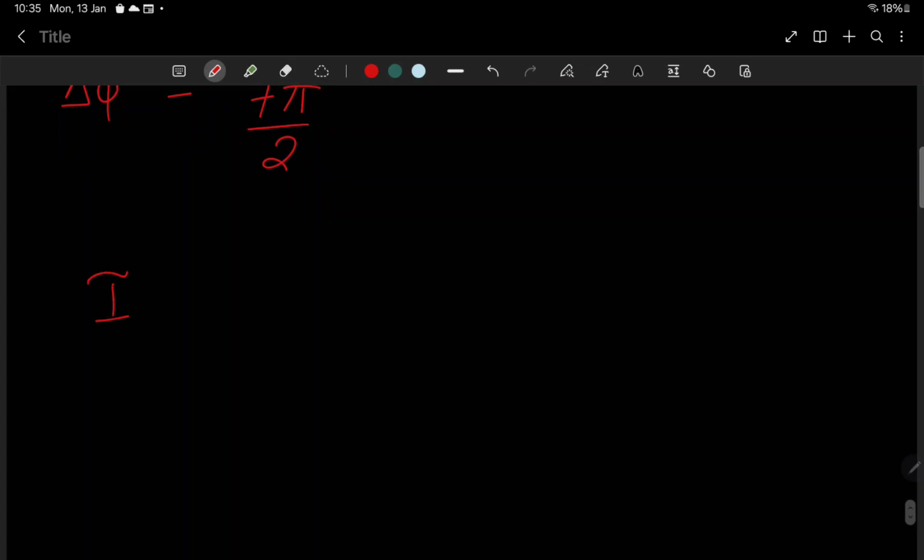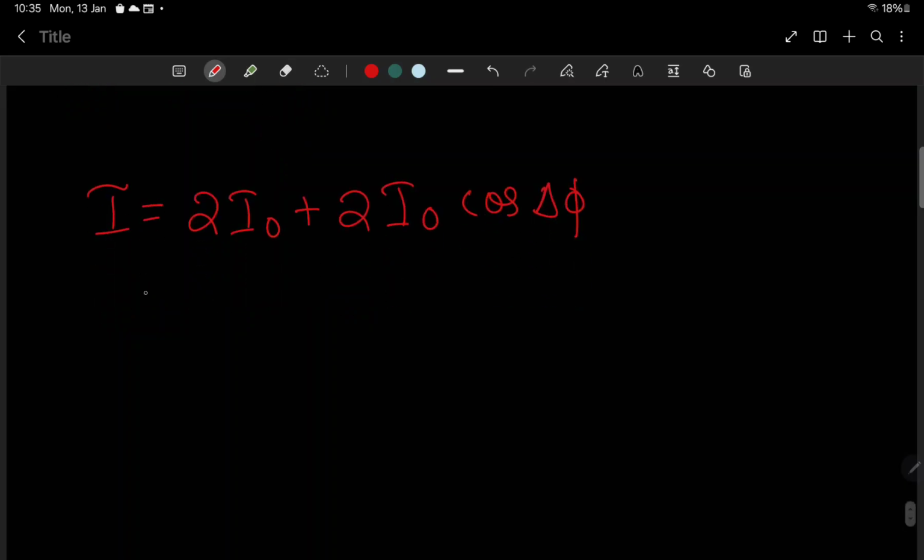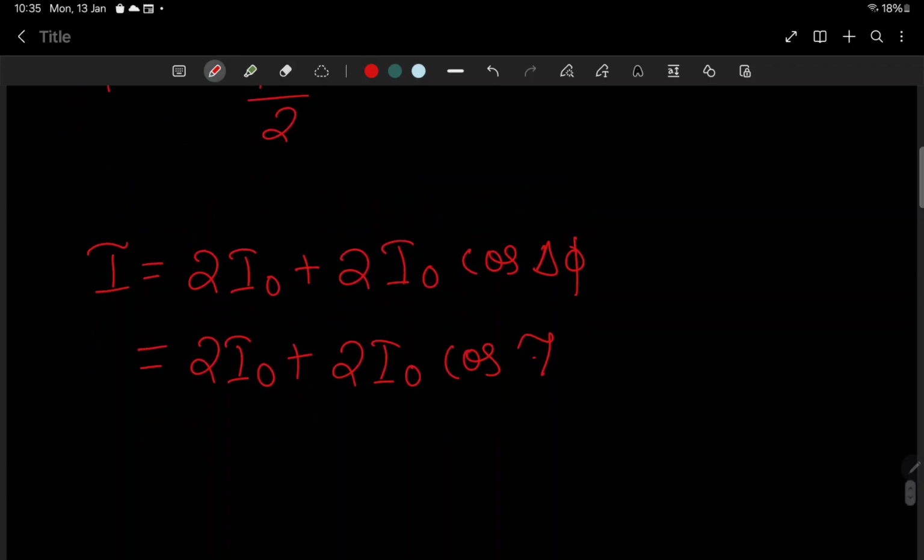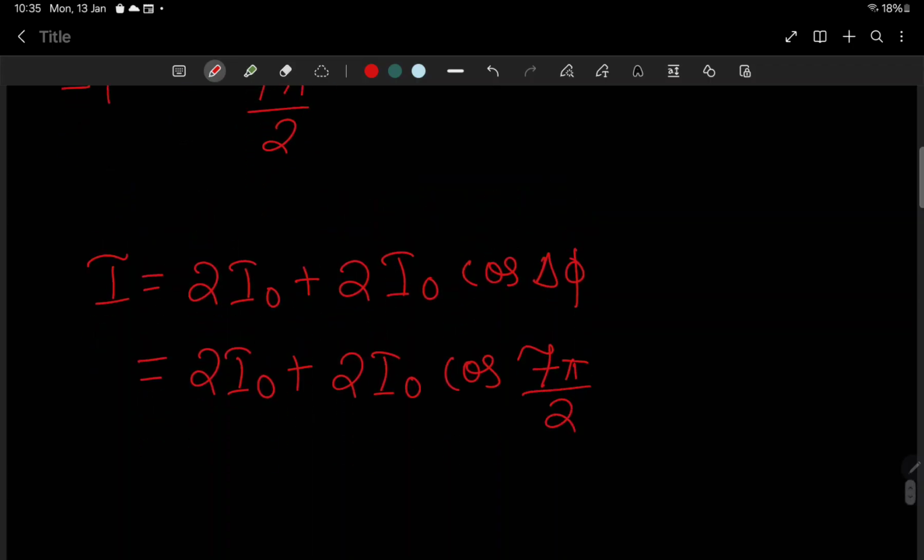Now intensity equals 2 I naught plus 2 I naught cos delta phi. Substitute: 2 I naught plus 2 I naught cos 7 pi by 2. 7 pi by 2 means how much?